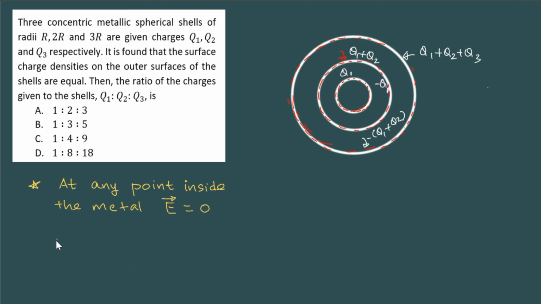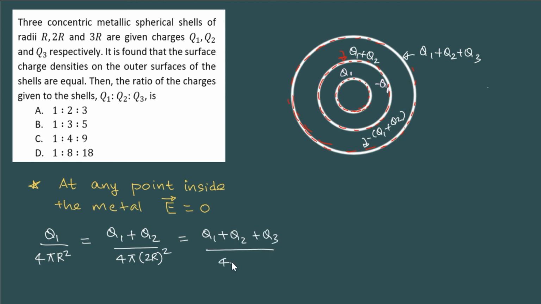Q1 by its surface area, 4 pi r square, is equal to Q1 plus Q2 by 4 pi 2r whole square, which is equal to Q1 plus Q2 plus Q3 divided by 4 pi 3r whole square.